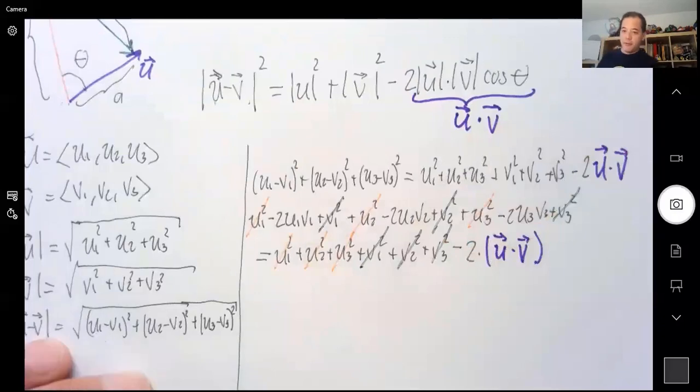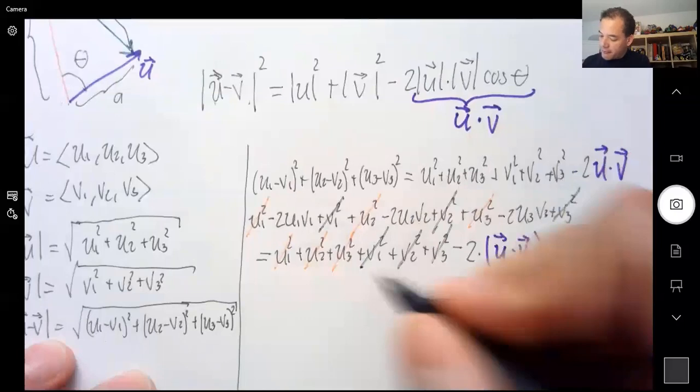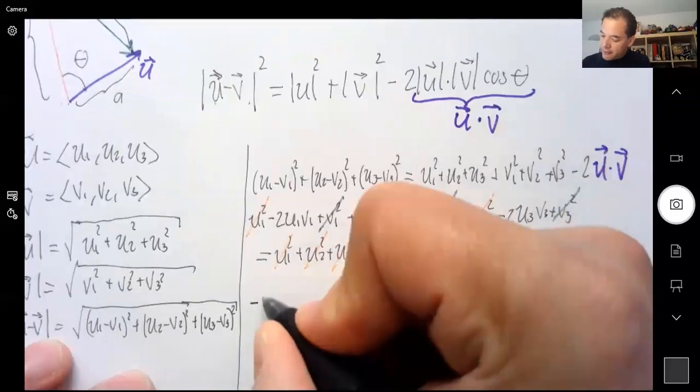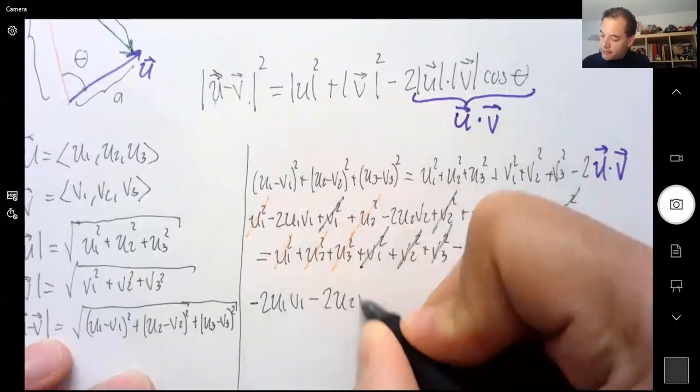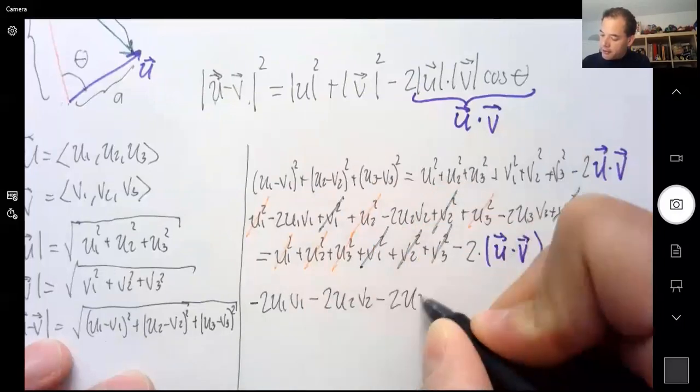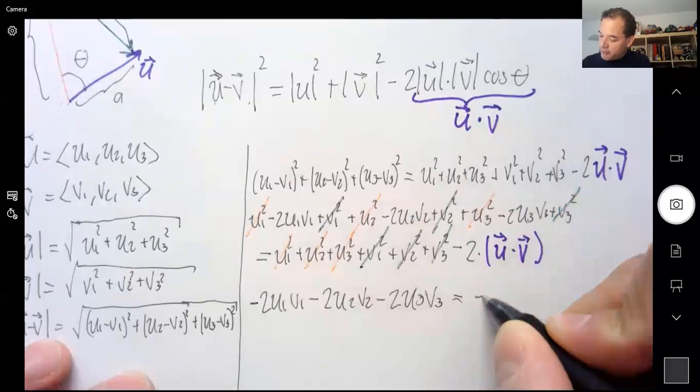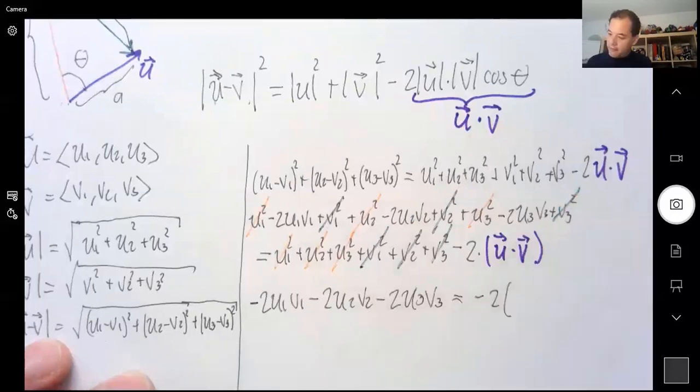So what is it that remains? Let's figure it out. Here's what remains. We have negative 2 u1 v1 negative 2 u2 v2 minus 2 u3 v3 equals negative 2 u dot v.